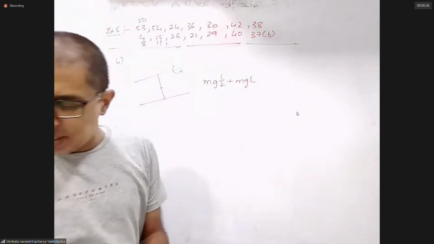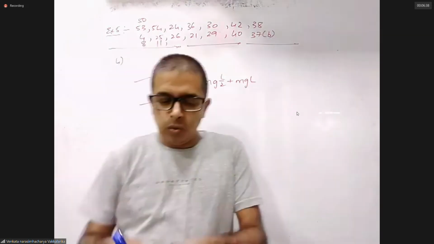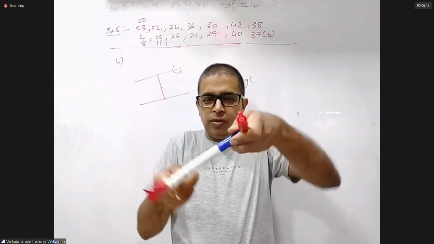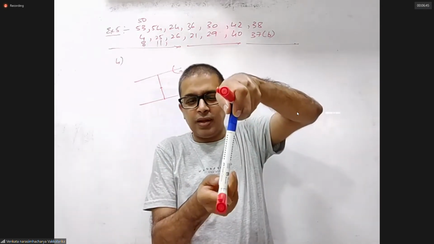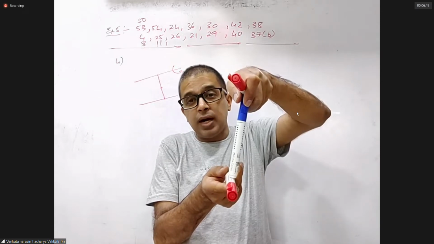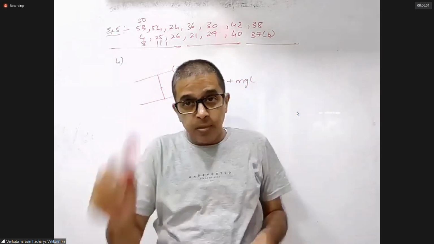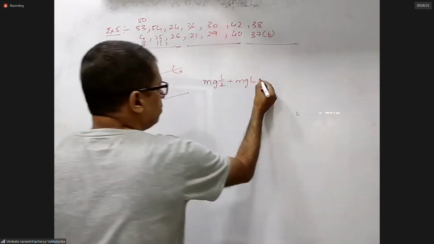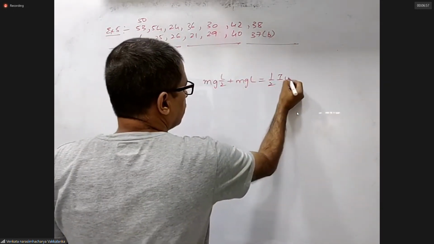It's an alphabet H, right? When it comes down this way, this mass came down by a distance of L. The blue marker came down by a distance of L by 2. So this will be equal to half I omega square.